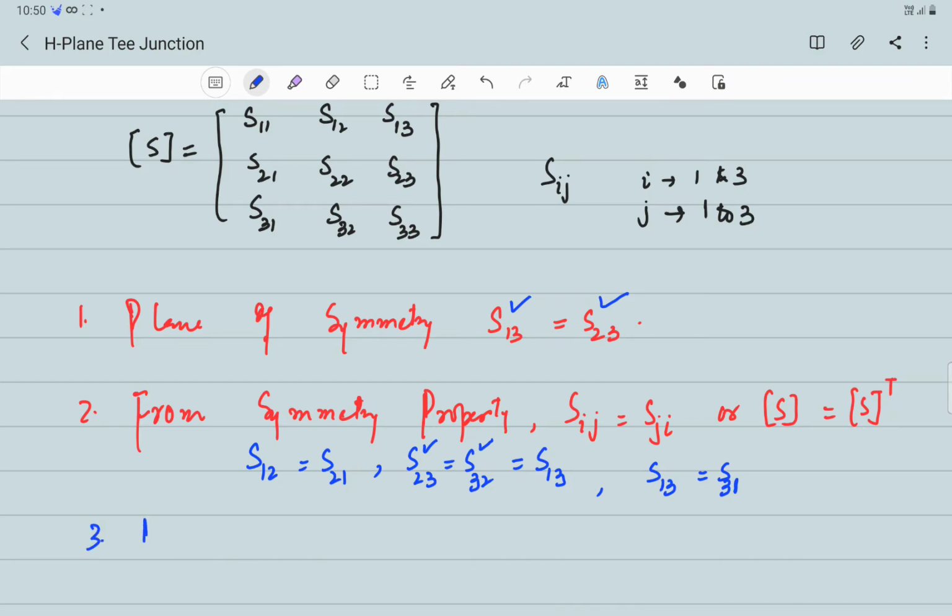Further, port 3, the port in the side arm, is matched to the junction. So that means S33 is equal to 0.